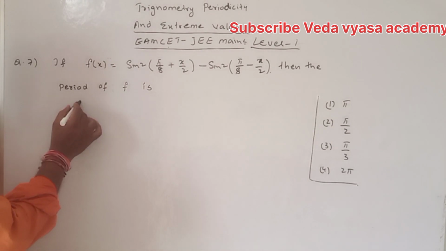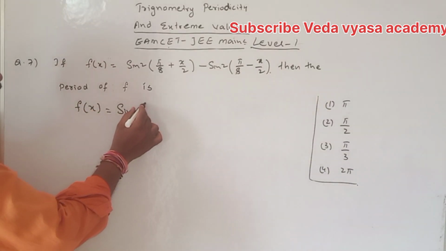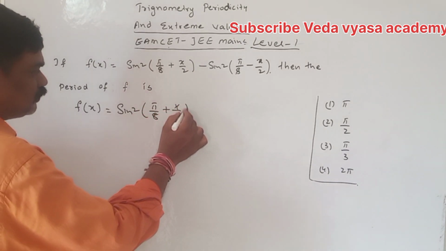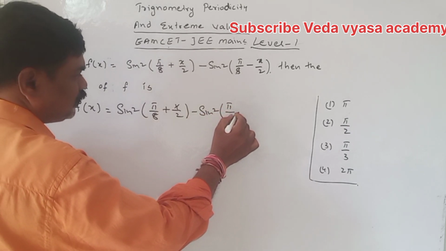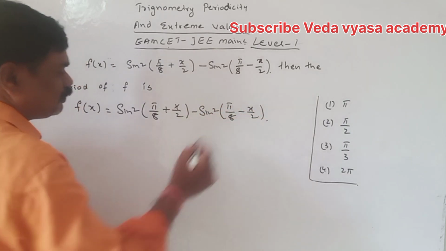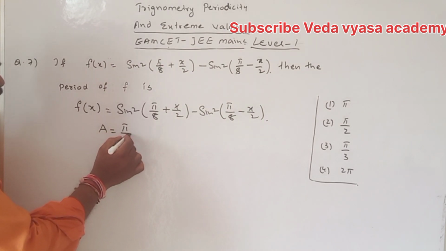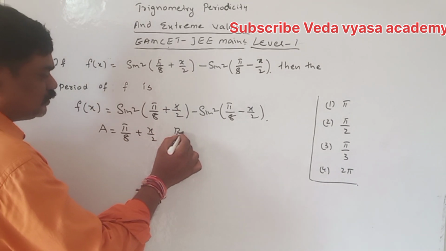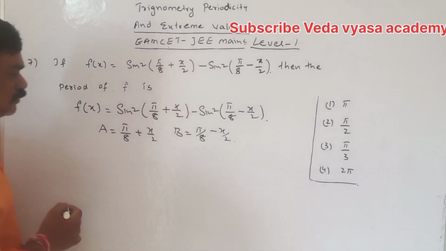Here you observe, given f of x is equal to sine square of (pi by 8 plus x by 2) minus sine square of (pi by 8 minus x by 2). Take A is equal to pi by 8 plus x by 2 and B is equal to pi by 8 minus x by 2.